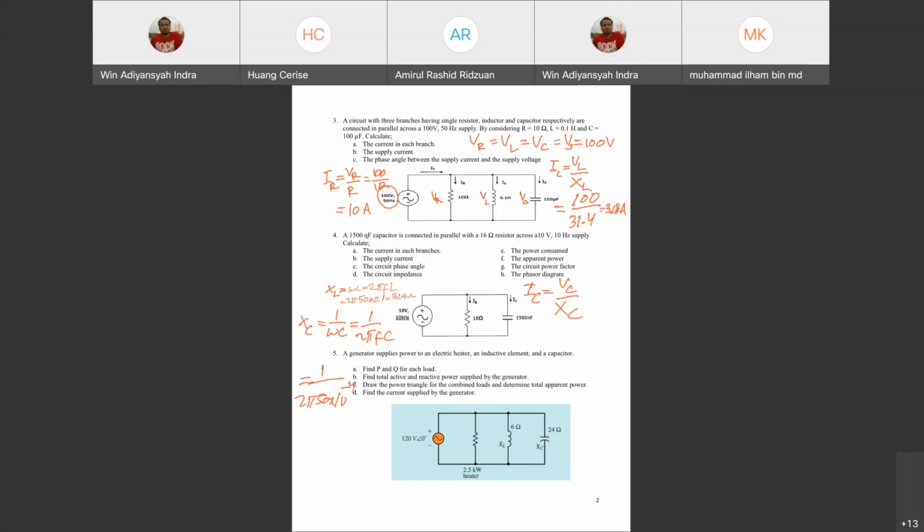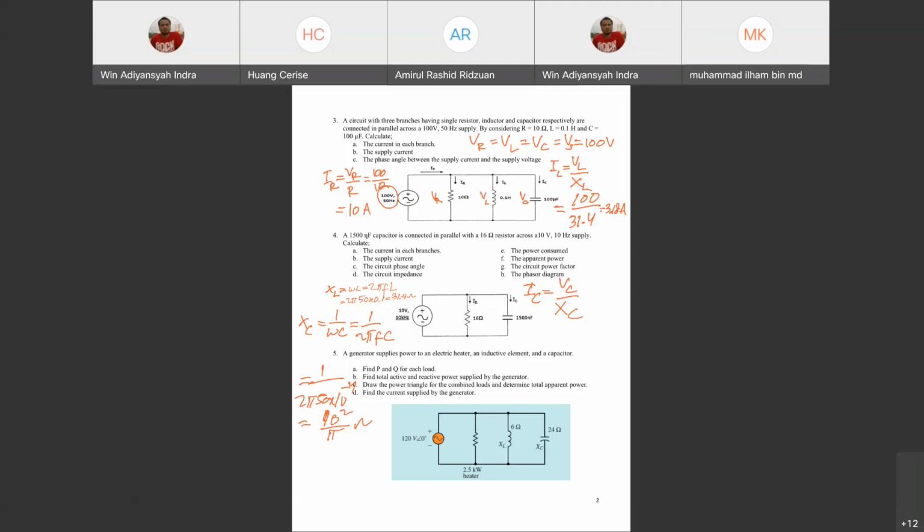So 2 times 50 is 100, and XC equals 100 over pi ohm.